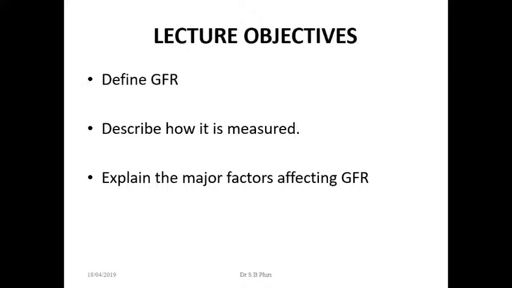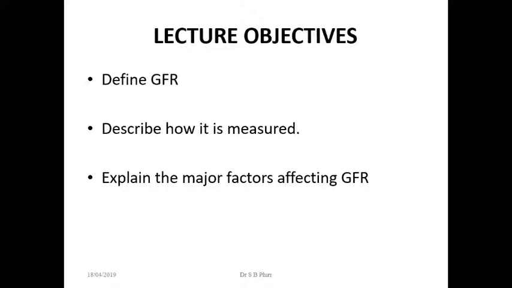You're going to be able to define the glomerular filtration rate. So at the end of the class, you should be able to define it. You should also be able to describe how it is measured.